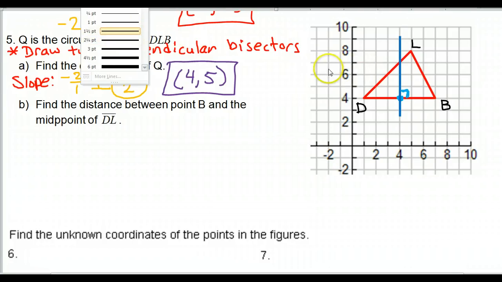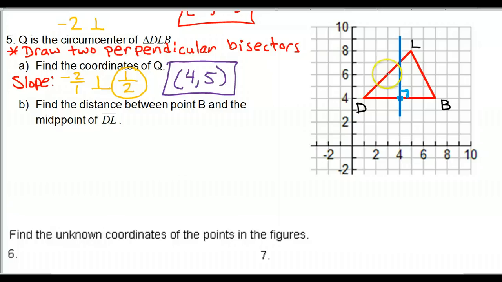Okay, anyway, this is good enough. So, first of all, the midpoint. There's the midpoint of DL. But then there's the matter of the slope, which I'm just going to do right here. Remember, start with the slope of the side, DL. Look at the rise over run. Every single one of these dots is a point.